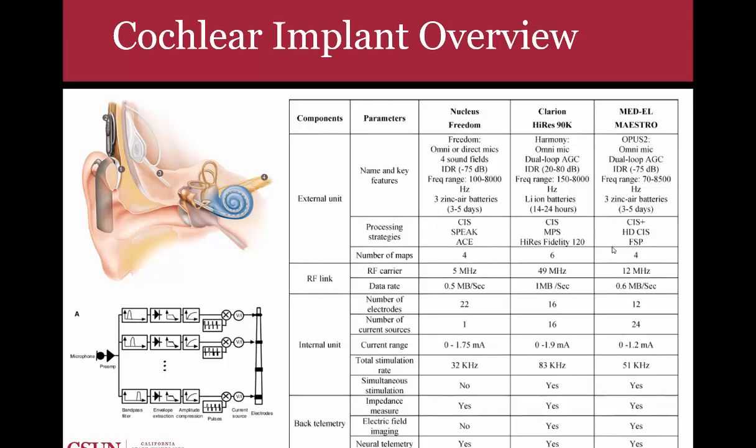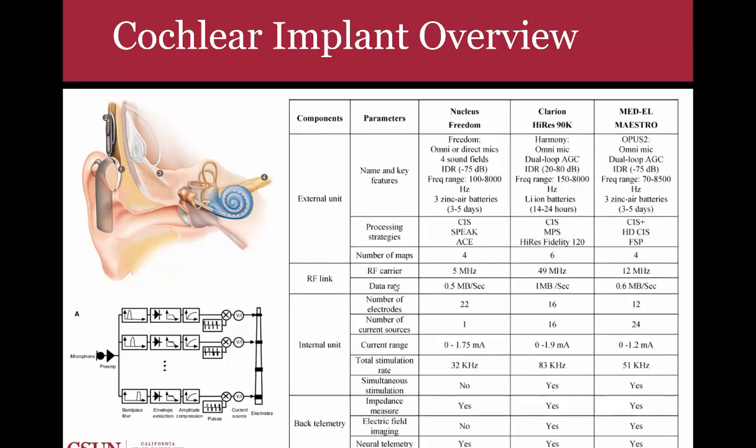This number of maps metric here is basically how exactly the sound that's being captured by this microphone is then interpreted, or I should say converted to electrical pulses that stimulate the electrodes, or I'm sorry, the auditory nerve.